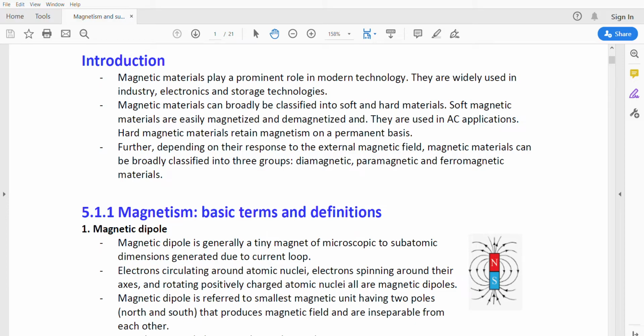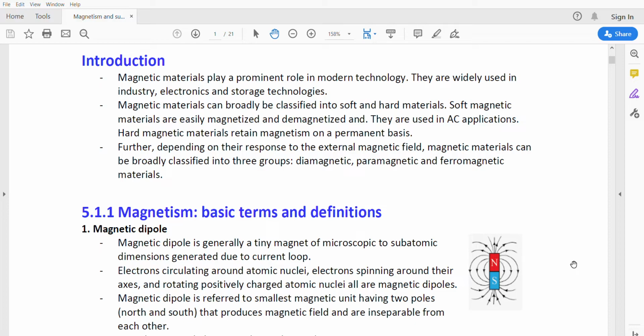So we already know the magnetic dipole. So what is this magnetic dipole? A magnetic dipole is generally a small magnet, of microscopic to subatomic dimensions, generated due to a current loop. Electrons circulating around the atomic nuclei, electrons spinning around their axis, and rotating, positively charged atomic nuclei are all magnetic dipoles.